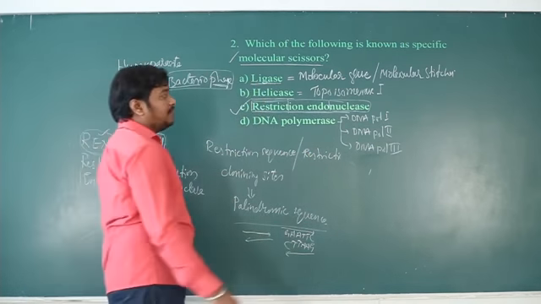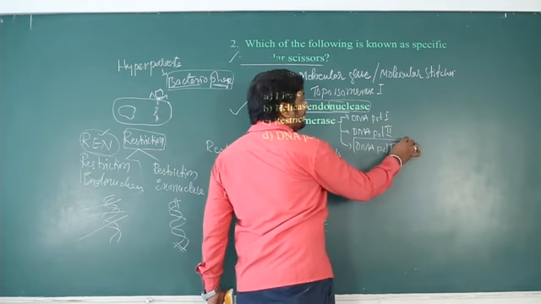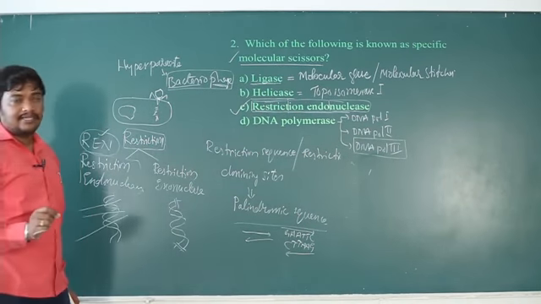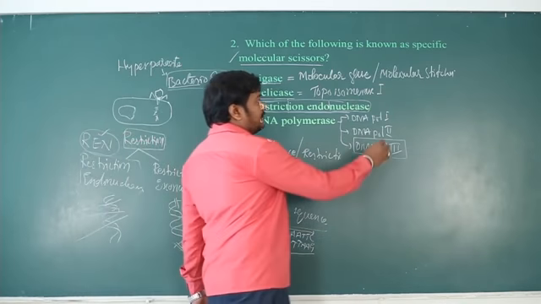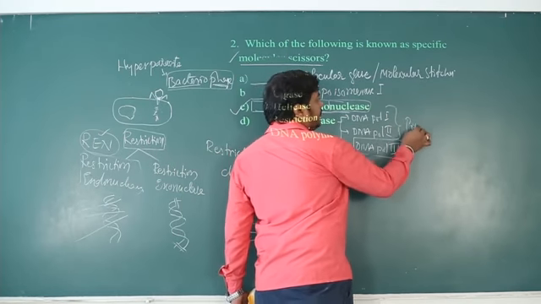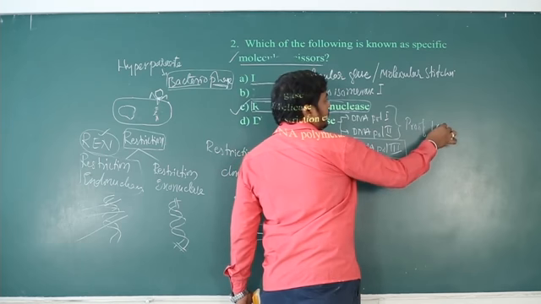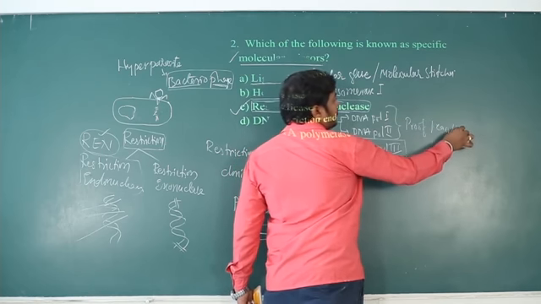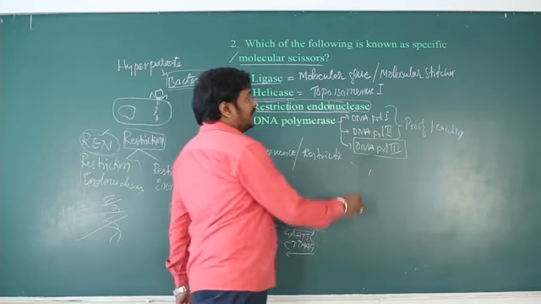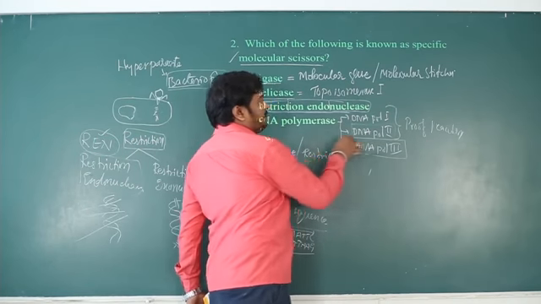Among these, DNA polymerase 3 is the main enzyme that can polymerize the DNA, whereas DNA polymerase 1 and DNA polymerase 2 act as proofreaders. In the absence of DNA polymerase 3, DNA polymerase 2 can act as a polymerase enzyme.